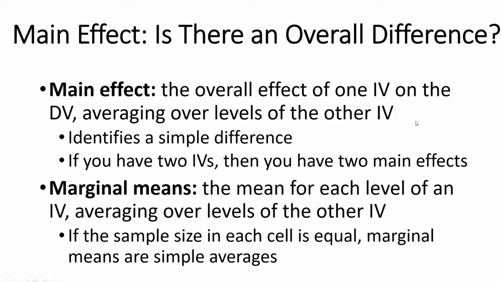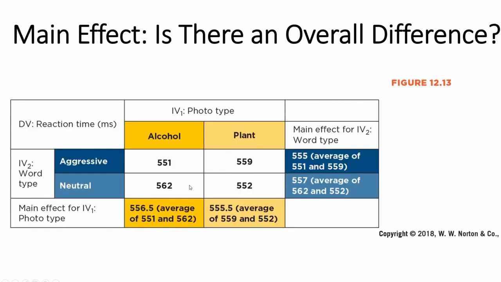So if we switch to the next slide here, if we want to look at our main effect for our first IV, photo type, from our example of priming and word identification for alcohol cues, our photo types are alcohol versus plant photos. For our main effect, we're looking at the difference between our average response to alcohol photos and our average response to plant photos.